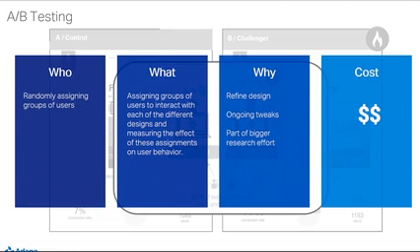Without going too much into the details today, because we have many other methods to go through, one thing to remember is that if you are looking to make tweaks or incremental changes, use multivariate testing, so you can have tight control over one or two variables and really understand which combination or which one works better.